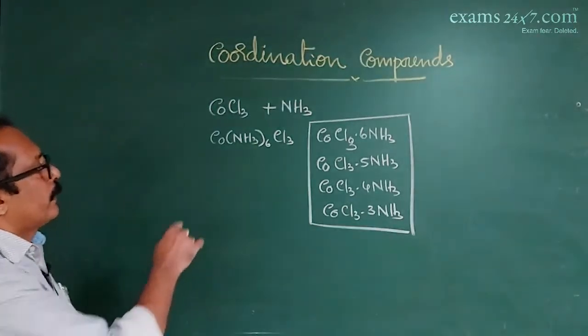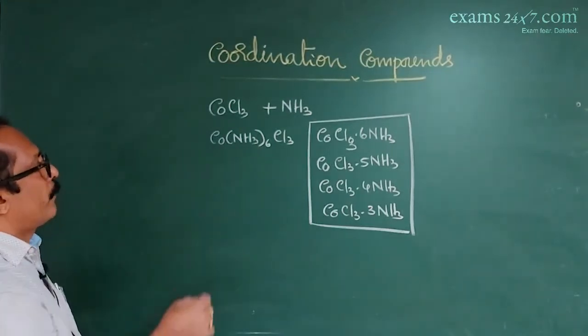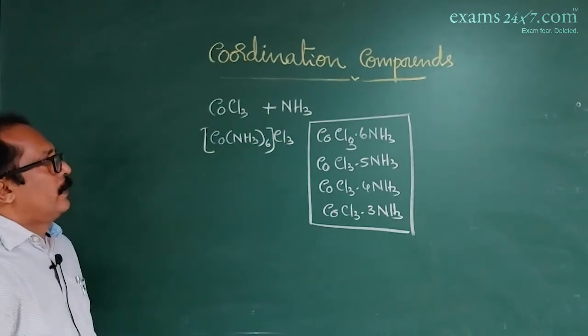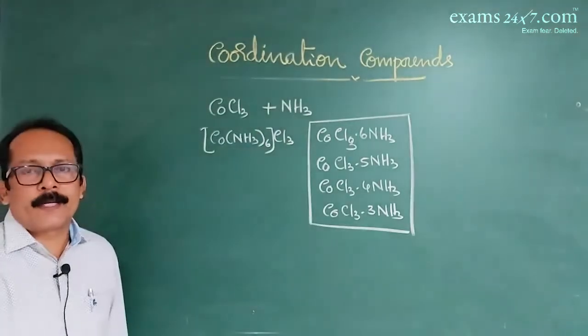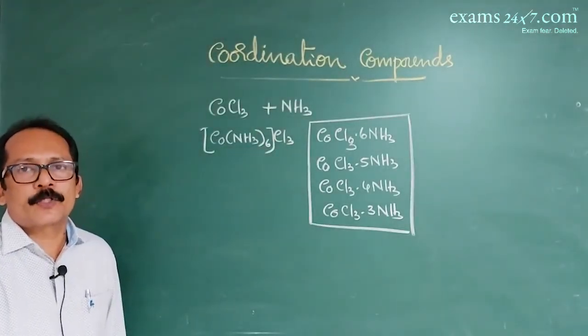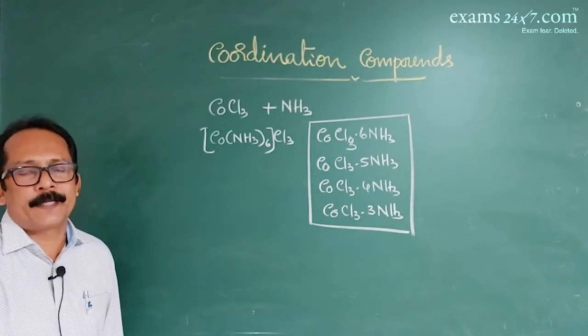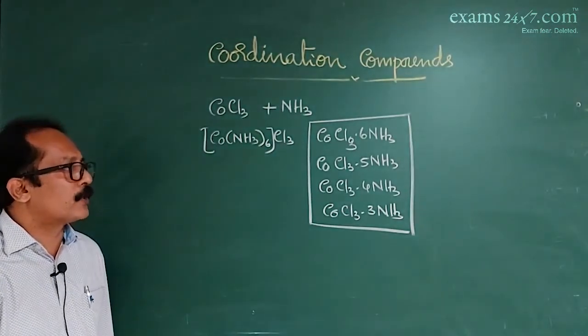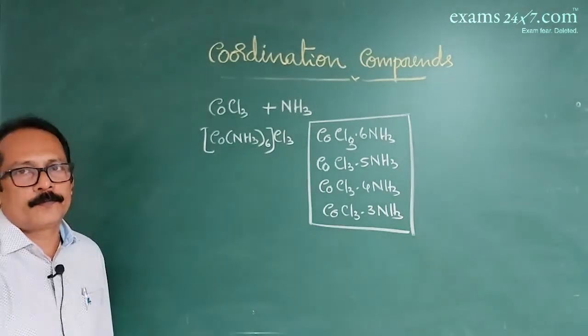Now, look here. In the first complex, on treating with silver nitrate, 3 moles of silver chloride are precipitated. The number of ions formed is equal to 4.